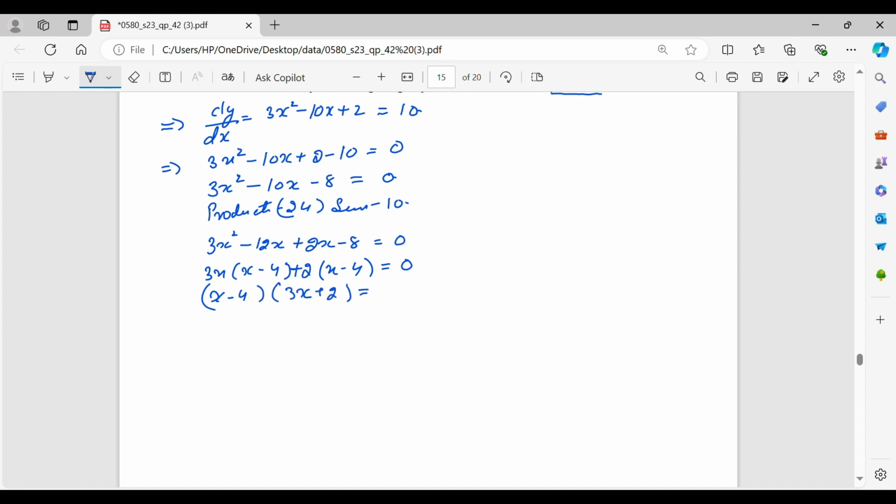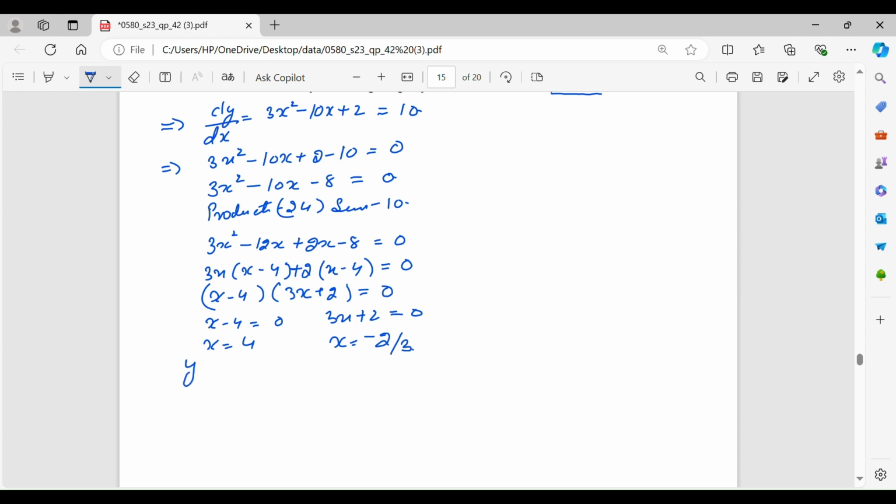This will be equal to 0. Now x minus 4 equals 0, and 3x plus 2 equals 0. x will be equal to 4, and from here x will be equal to minus 2 by 3. So we will find the y.